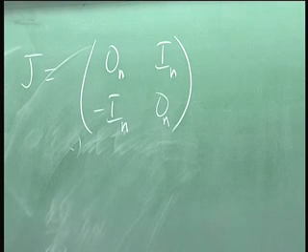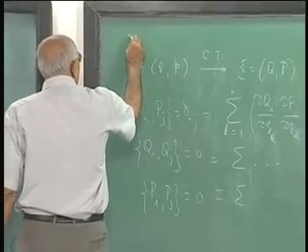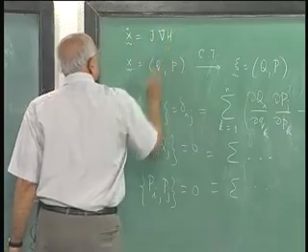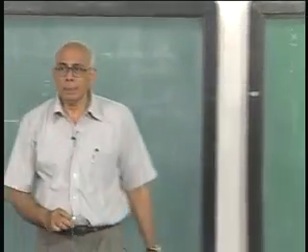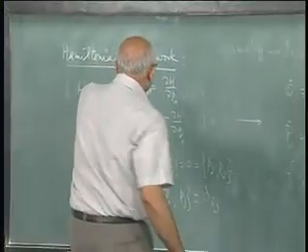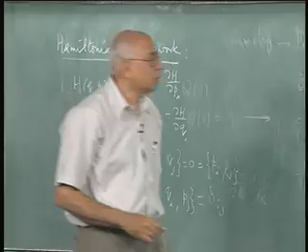Then I said Hamilton's equations take on a very simple form, x dot equal to J gradient of H. It is an extremely simple form, and this full set of equations can be summarized in just that single line.